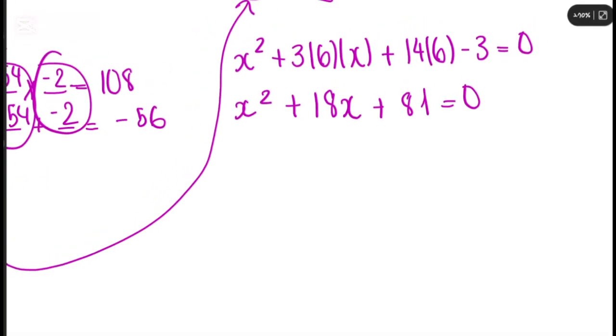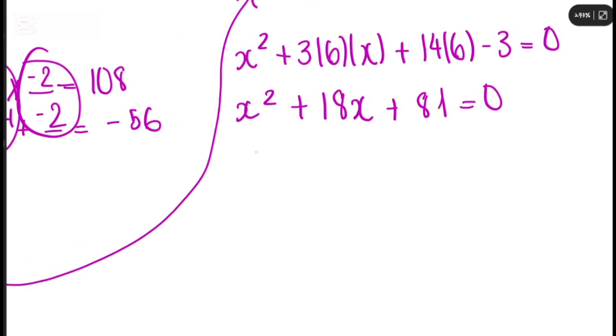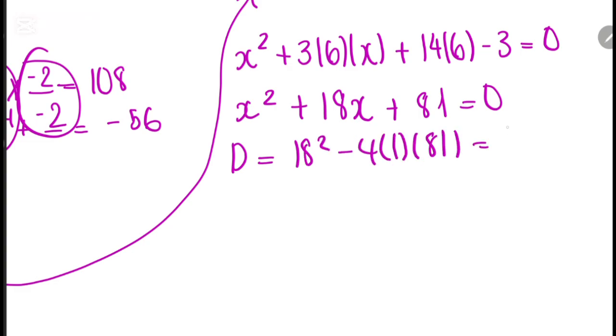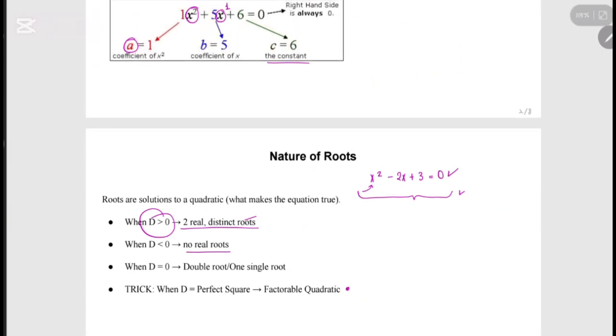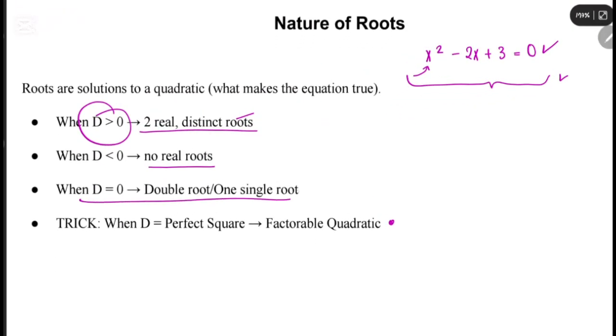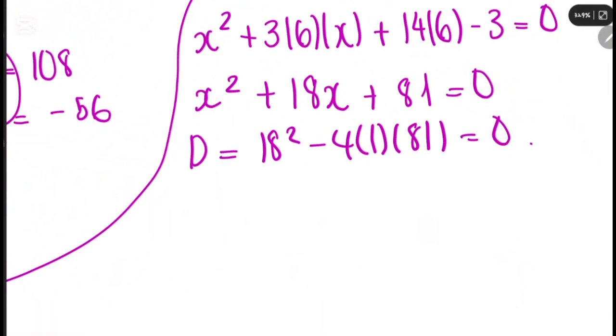Okay, right. The discriminant of this is going to be 18 squared minus 4 times 1 times 81, which equals 0. So going back to our thing here, if it's equal to 0, it means it has one single root, which gives us a hint that this equation is going to be a perfect square trinomial.